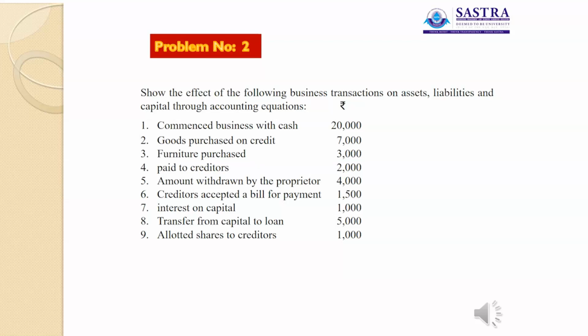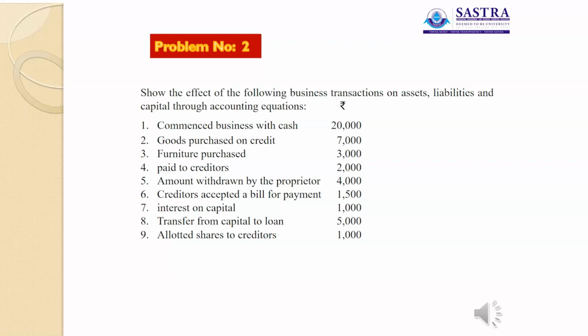Fifth, amount withdrawn by the proprietor rupees 4,000. Sixth transaction, creditors accepted a bill for payment rupees 1,500. Seventh, interest on capital rupees 1,000. Eighth transaction is transfer from capital to loan rupees 5,000. Last one, allotted shares to creditors rupees 1,000.